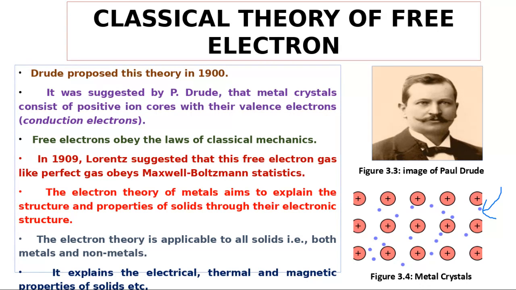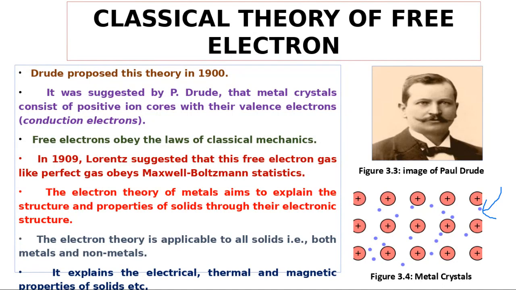If you have a container with a perfect gas in it, its behavior is due to the gaseous state. So the electrons in the metals behave just like that. It's like an electron gas. This was suggested by Lorentz in 1909.